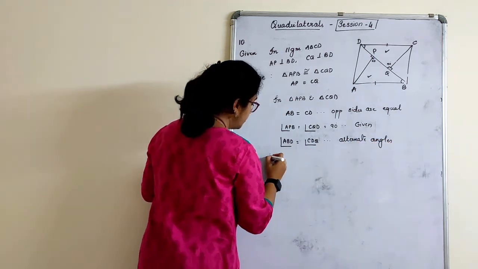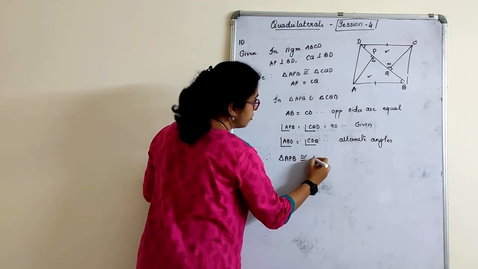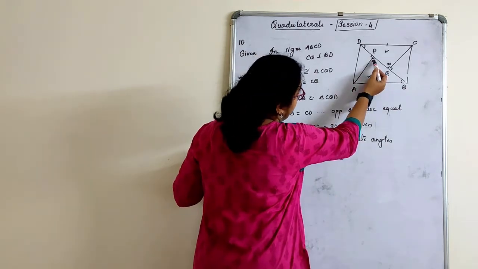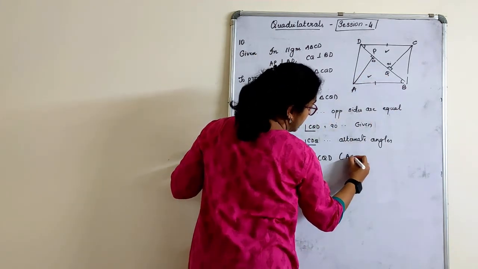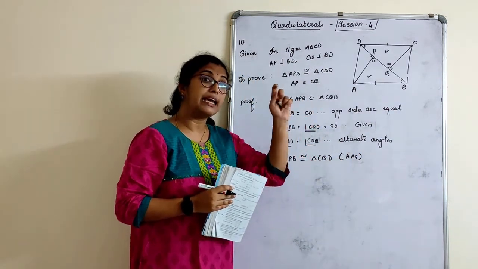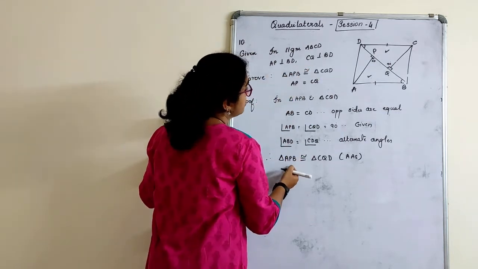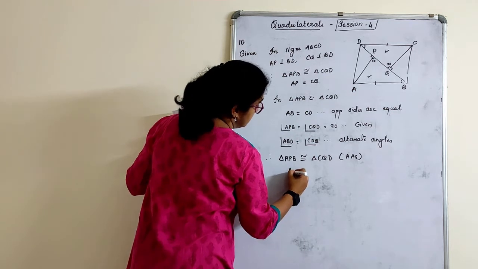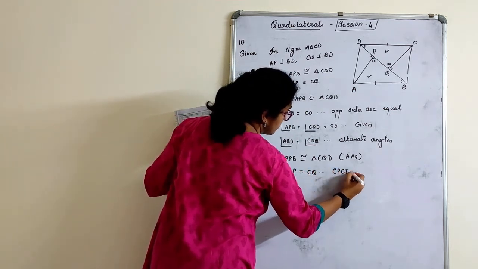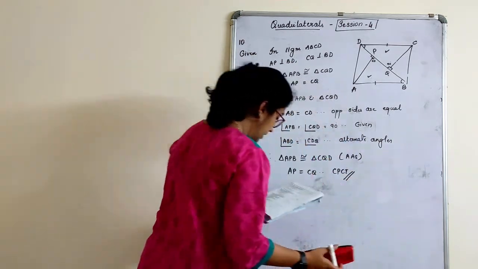Therefore, triangle APB is congruent to triangle CQD by AAS congruence rule. I explained how to write AAS or ASA depending on how we have chosen the angles or sides. Now with respect to this, can we say that AP is equal to CQ by CPCT? Simple one. Next one, 11th one.